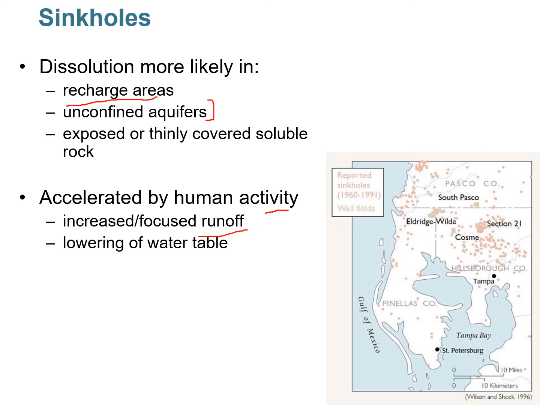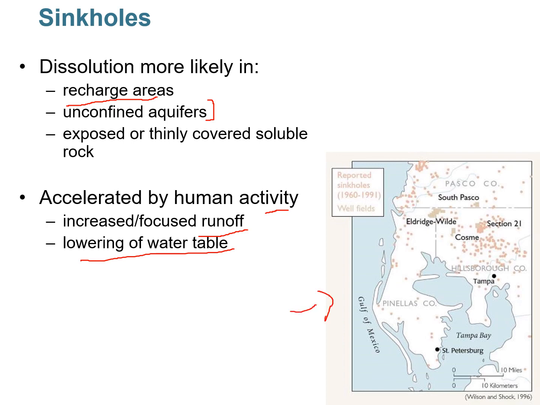When it rains on that stuff, instead of infiltrating into the ground, the water is going to run off into directed areas and into low-lying areas. So it increases runoff into certain areas, which can flood them or increases the recharge in those areas. And we artificially lower the water table by pumping a lot.